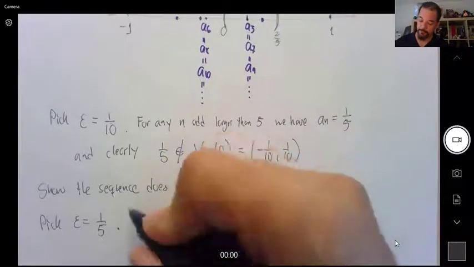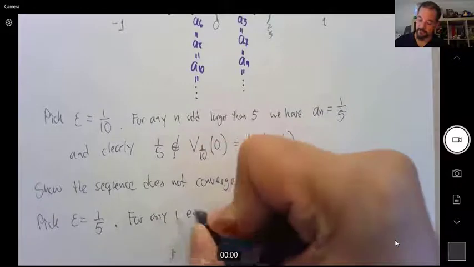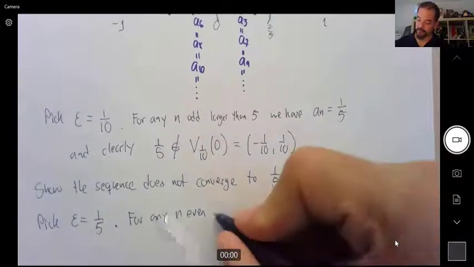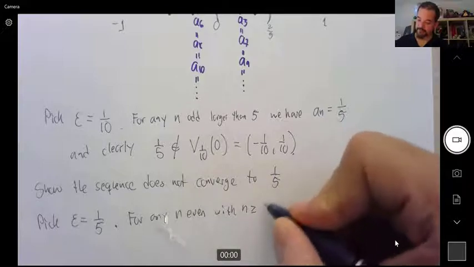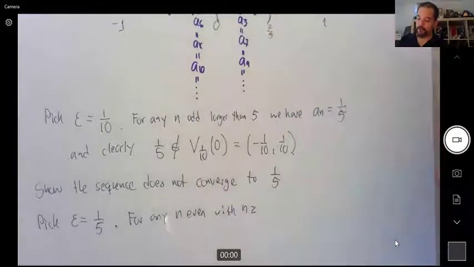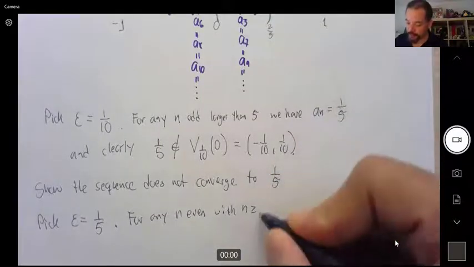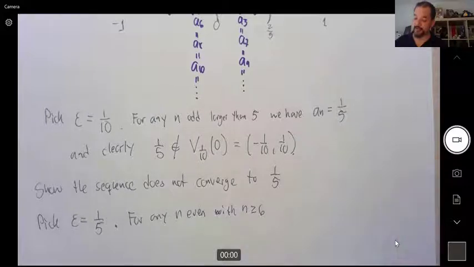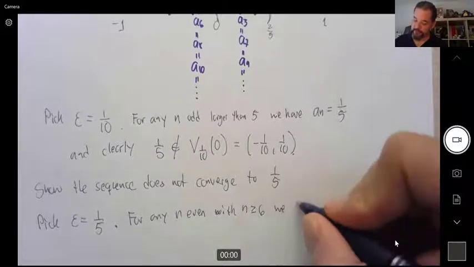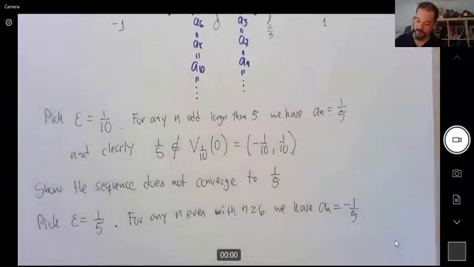So this time the proof would go like this. For any n even, now I need the even terms, with n greater than 6. Actually, 2 and 4 work too, but I'm going to write it with n greater than or equal to 6, because that way I can say what a_n is. We have a_n equals negative 1/5.